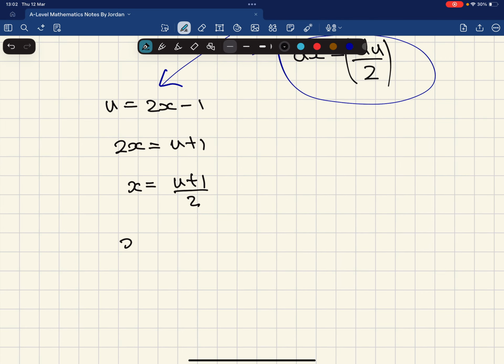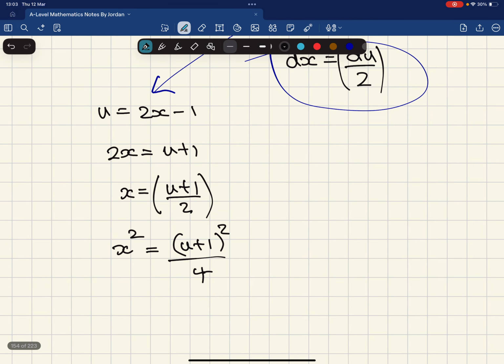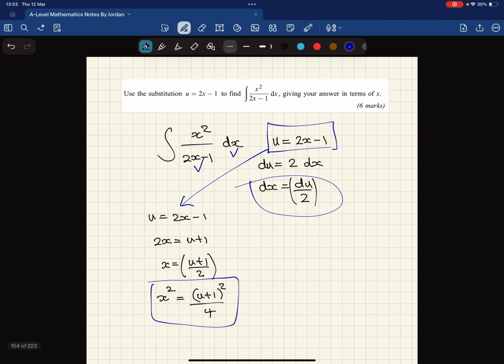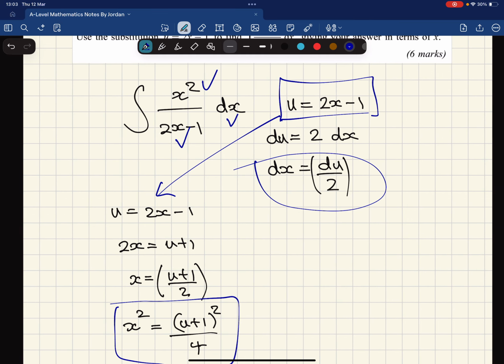So let's square both sides. X squared, and then let's square what we have here, remembering it's a fraction. So u plus 1 squared, and then squaring the 2 as well gives us 4. So here's our substitution for x squared. And that means we've got that sorted.